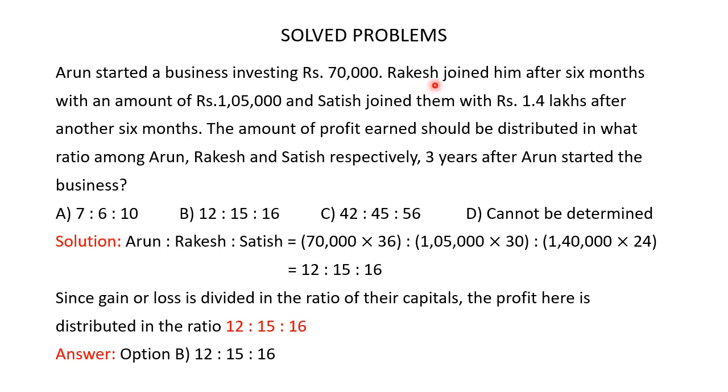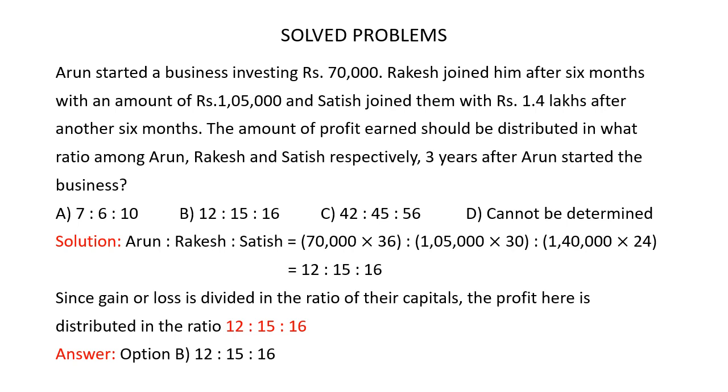Rakesh joined him after 6 months with an amount of rupees 1 lakh 5,000. So Rakesh's investment is 1 lakh 5,000 for 30 months. And Satish joined them with rupees 1.4 lakhs after another 6 months. So Satish's investment is 1.4 lakhs for 24 months.